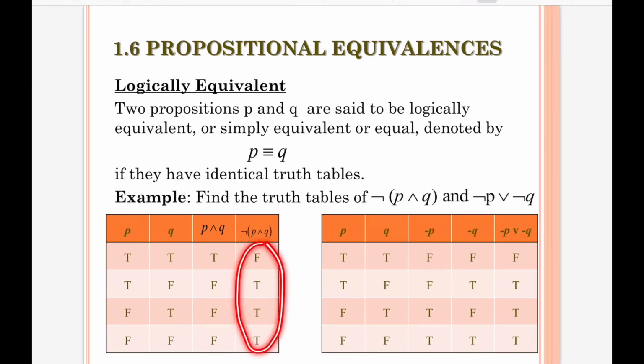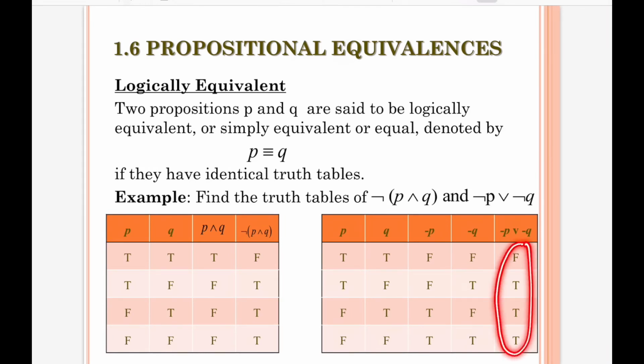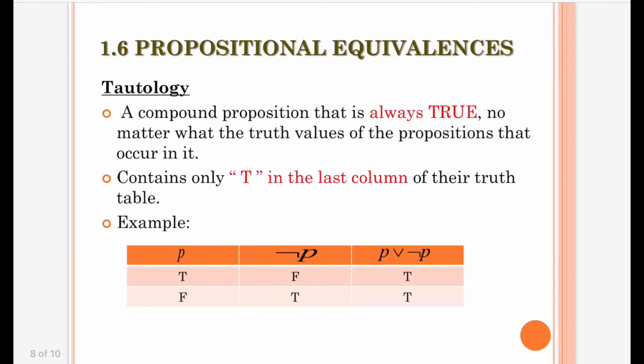The last column of your truth table is the same: F T T T and F T T T. So that is what logically equivalent means.